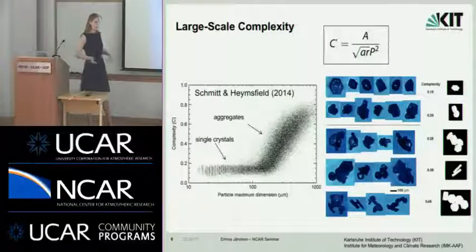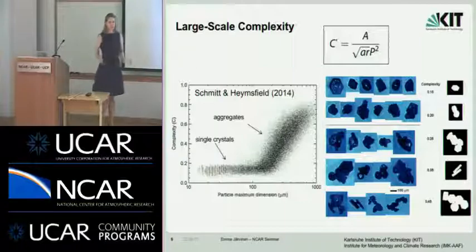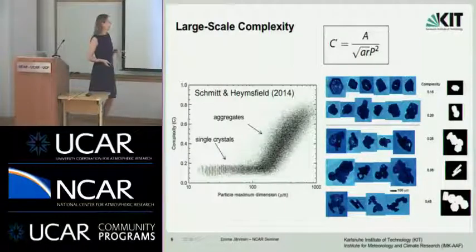In this talk, I'm going to divide crystal complexity into two categories, a large-scale complexity and a small-scale complexity. By large-scale complexity, I mean complexity on a scale larger than individual ice crystals, for example aggregation.